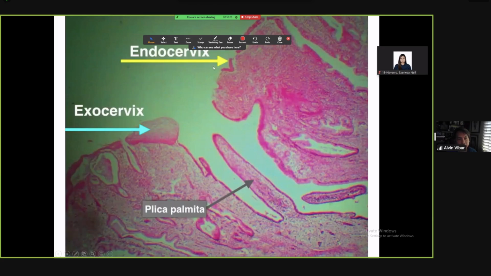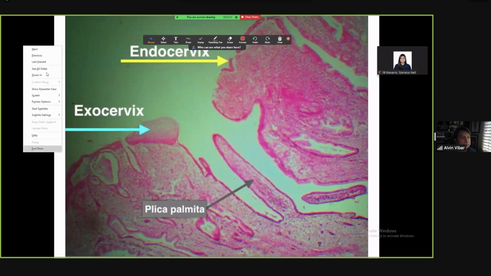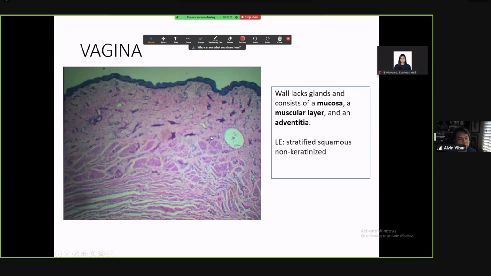So the organ in focus here is cervix, not vagina, because you still could see the junction between your endocervix and exocervix. But if it is purely this one, okay? You have to answer as vagina.